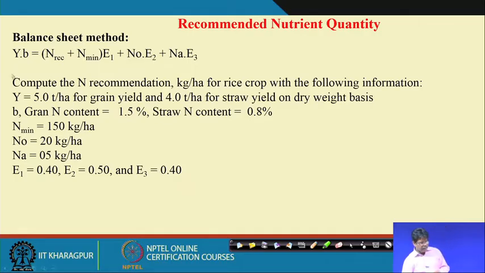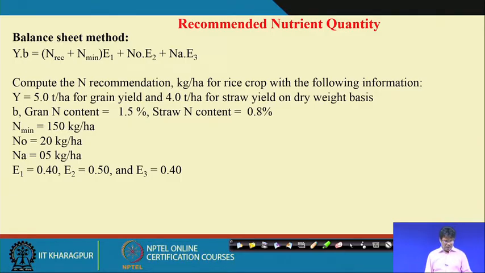And the grain N content is 1.5% and straw N content 0.8%, and N mineralizable, that is available nitrogen in soil through the mineralization source, is 150 kg per hectare, and nutrient that can be mineralized from the organic matter present in soil during the growing period is 20 kg per hectare, and from the rain or atmospheric deposition it may be 5 kg per hectare.